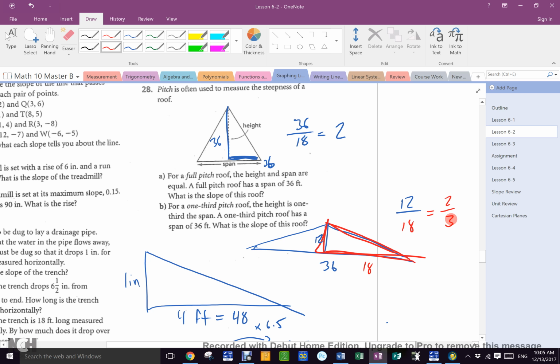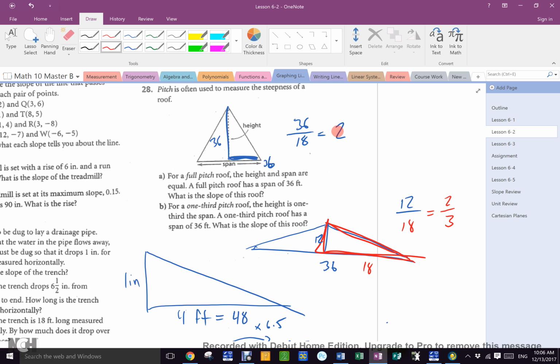Understand? The reason that question is here is because it actually does apply to real life. A full pitch roof has a slope of 2, right? A 1/3 pitch roof has a slope of 2/3. Full pitch, slope of 2. So what would the slope of a half pitch roof be? Synthesize the information, ladies and gentlemen. 1.